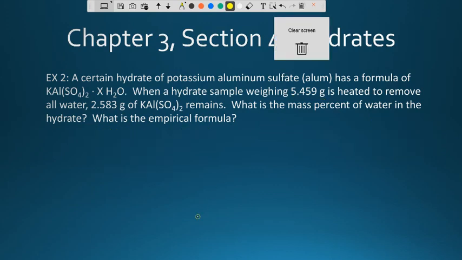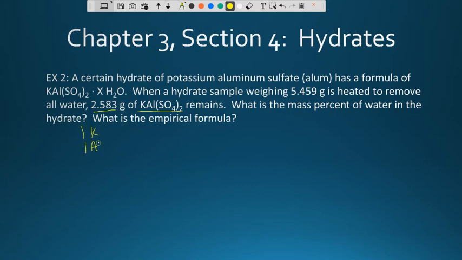All right, so let's go back to the beginning and take a look, and now I've got my compound here. Okay, we said that we had 2.583 grams of the compound. So in this compound, we have 1 potassium, we have 1 aluminum, we have 2 sulfurs, and we have 8 oxygens. And so I'm just looking at the formula masses, and this is 39.